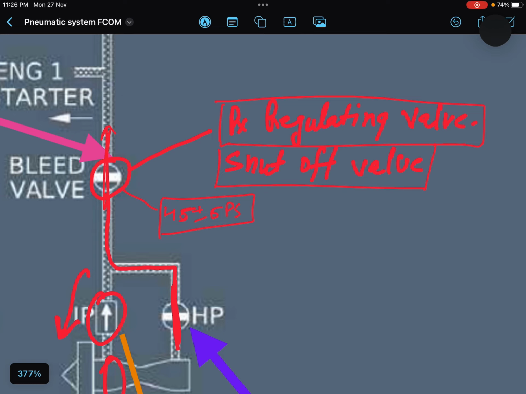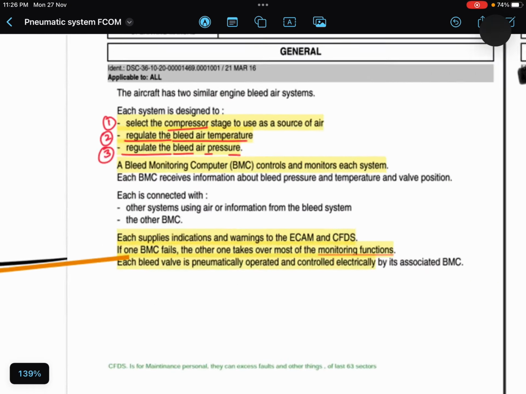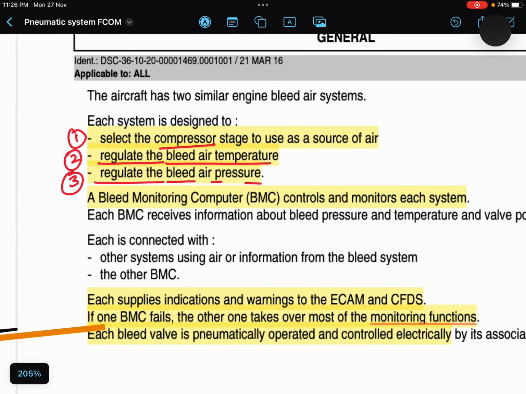That's why this valve is called the pressure regulating valve, and that's why this particular statement over here is written: each system is designed to regulate the bleed air pressure, because of this pressure regulating valve, right?